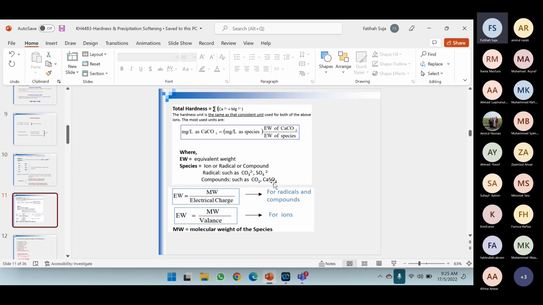A radical is when you have cations or anions, but compounds are when the cations and anions have been neutralized, like the carbon dioxide compound or calcium sulfate. So the equivalent weight for radicals and compounds is the molecular weight divided by the electrical charge.